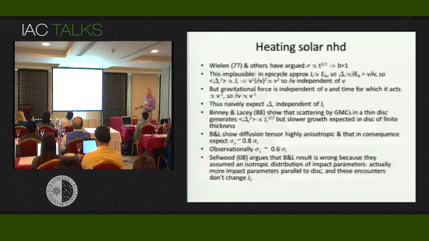And in his numerical simulations, he did this by numerical simulation rather than by analytic arguments, he controlled how far away the scatterers were. He could adjust this number and make it go from 0.6 when he didn't have any restriction on how far away the scatterers were, to 0.8 when he had a restriction which meant that the only significant encounters occurred within a scale height.